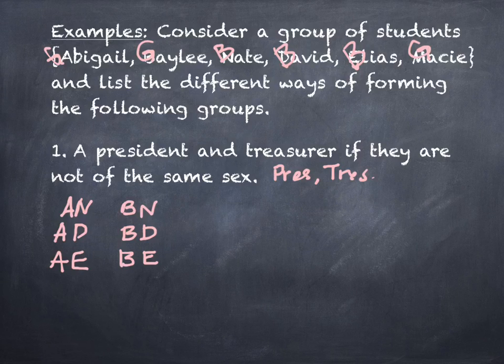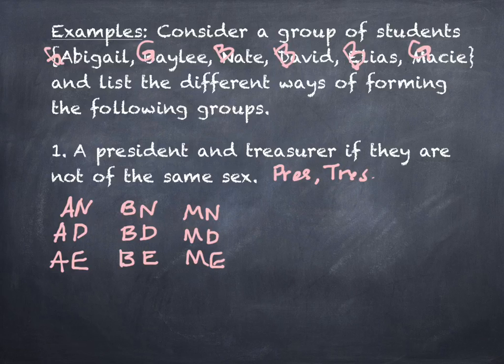It's Macy. So Macy could be president. And if Macy's president, who could be treasurer? Nate, David, or Elias. Are we all good with that? Okay, but that's just half of them, isn't it? Because I just have the girls as being president so far.